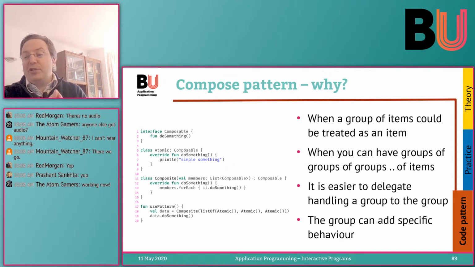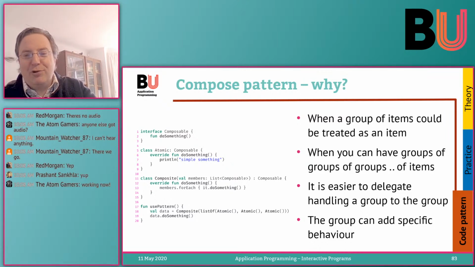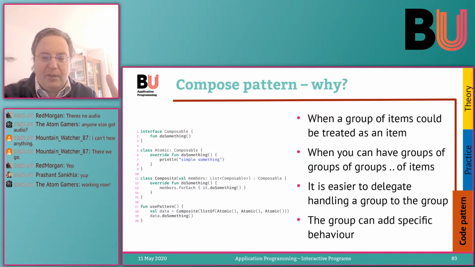An example of this is the view group in Android, where when the view group is drawn, it will draw all its children. When it lays itself out, it lays out all its children first, and then it lays itself out. So you can compose in that way.